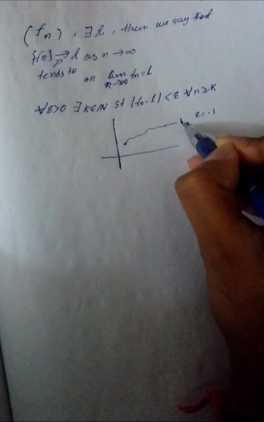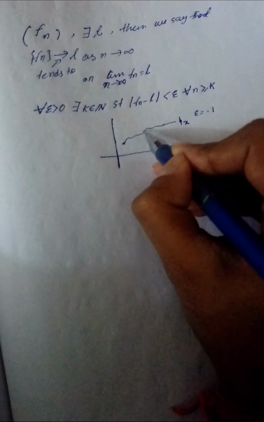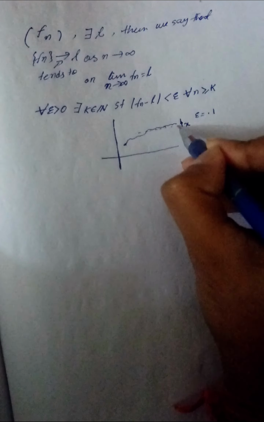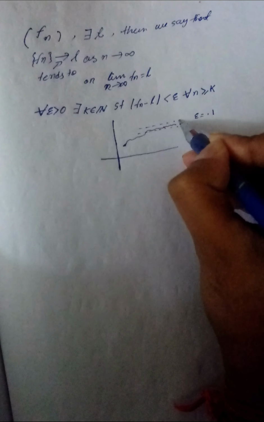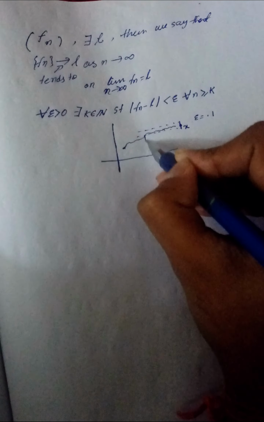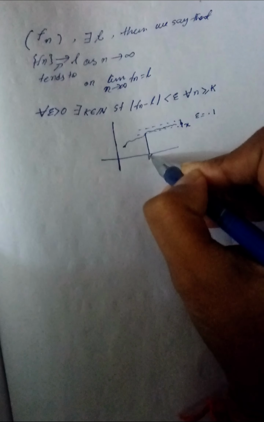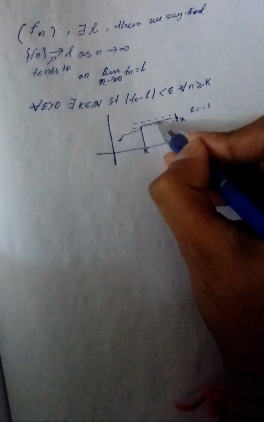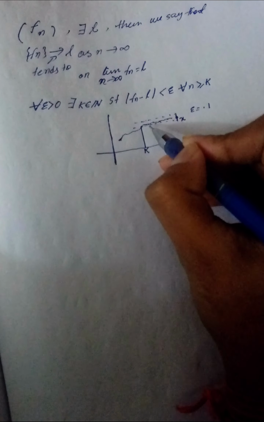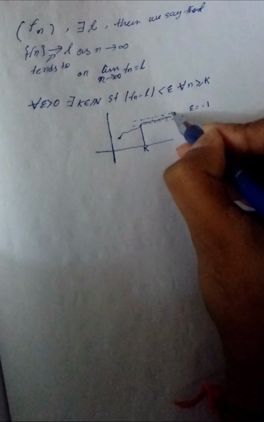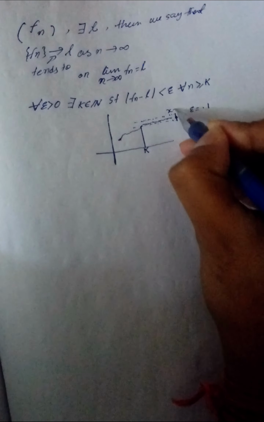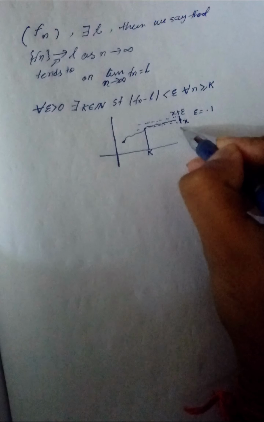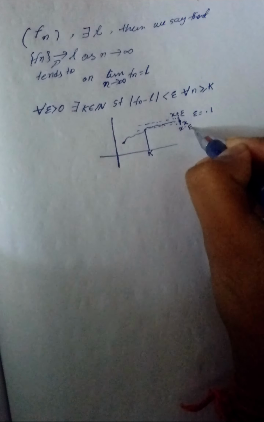Then we have x minus epsilon and x plus epsilon, a band like this. And you see that after this point, let's name it k, the sequence is bounded between this band, x minus epsilon and x plus epsilon.